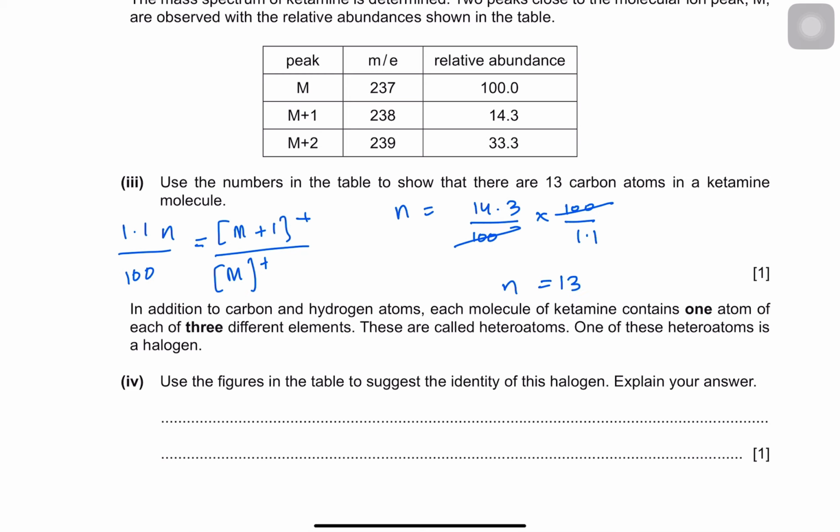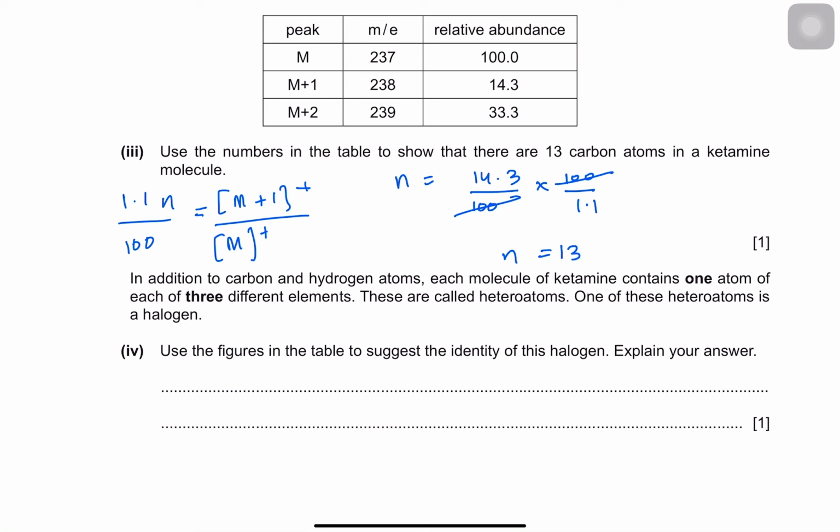In addition to carbon and hydrogen atoms, each molecule of ketamine contains one atom of each of the 3 different elements. These are called heteroatoms. One of these heteroatoms is a halogen. Use the figures in the table to suggest the identity of this halogen. Explain your answer. So if I compare this and this, it's a 1:3 ratio.